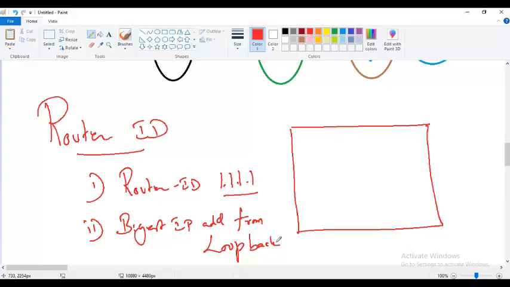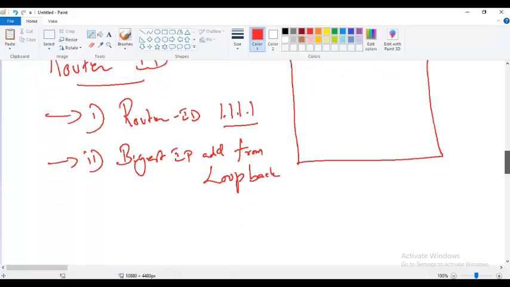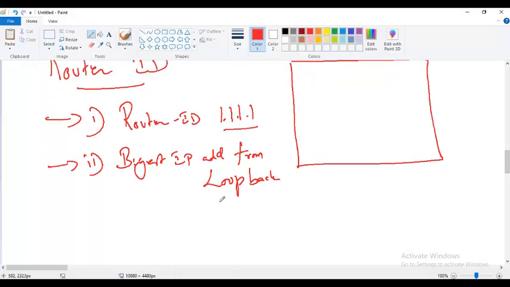See, the first thing is it will check whether you configured manually. If not, only this option. What if both are not there? You also did not configure, and a loopback interface is also not there. Then it is going to pick the biggest IP address from a physical active interface.